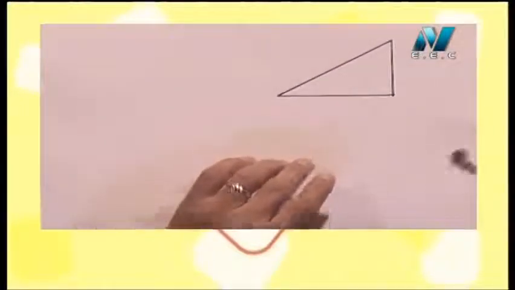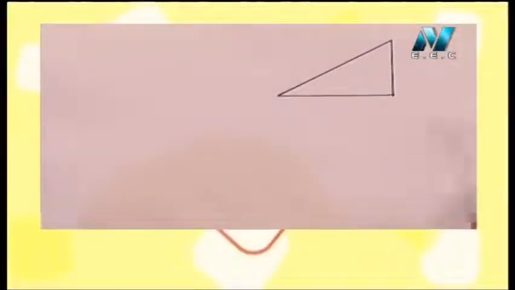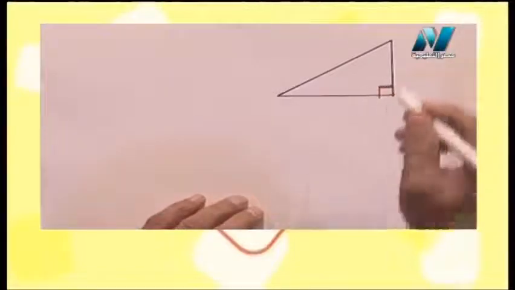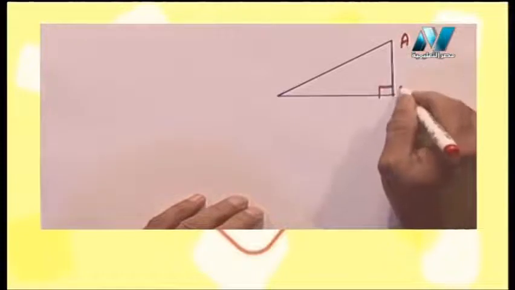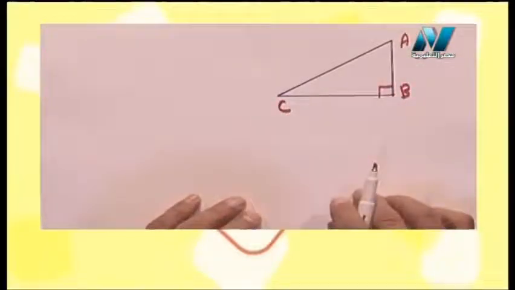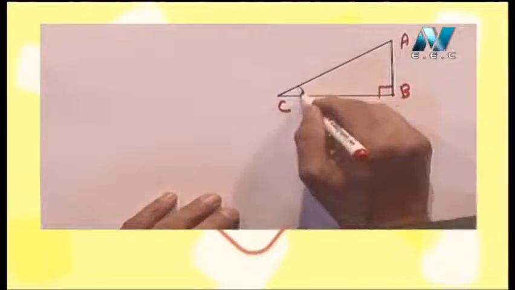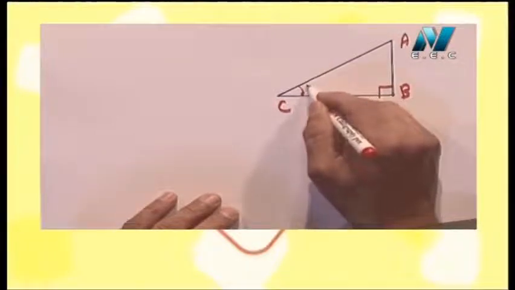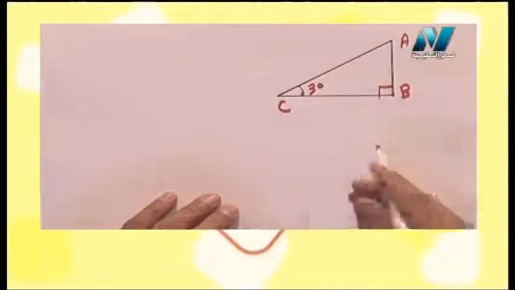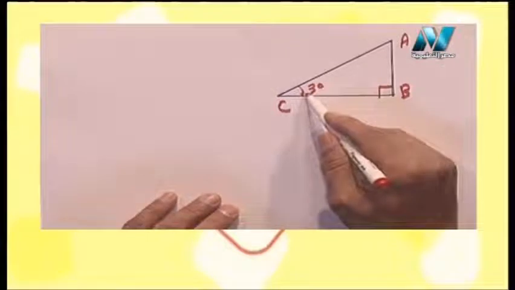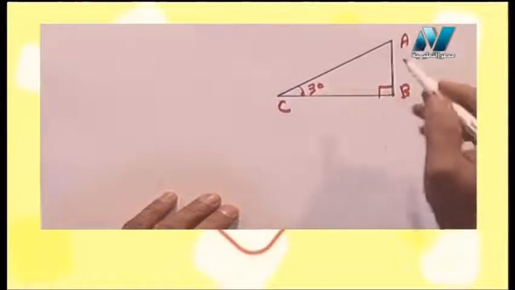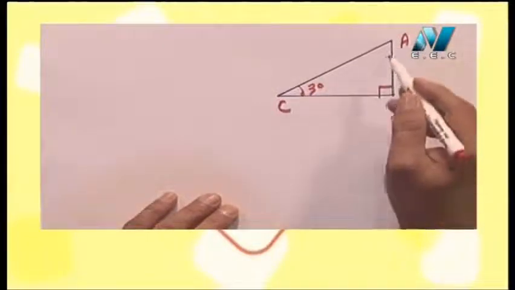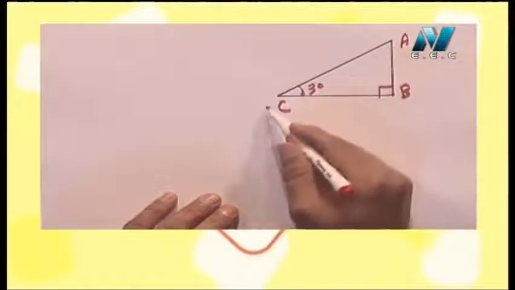We have a right angle triangle, and from our studying we know that if we have triangle ABC, right angle triangle at B, and this angle is 30 degrees, then the opposite side to the 30 angle, which is AB, will be half the hypotenuse, which is AC.